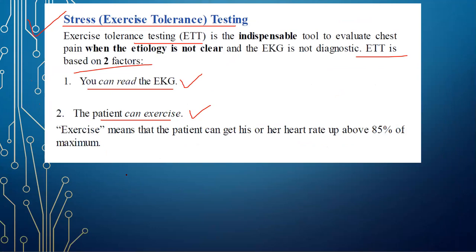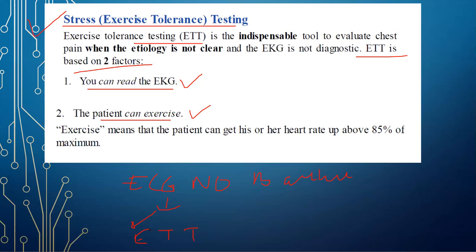You will look into the ECG. Now, the ECG doesn't have any baseline abnormality. What is the next thing you will do? You will check if the patient can do exercise or not. If the patient can do exercise, then the patient will go for exercise tolerance test.